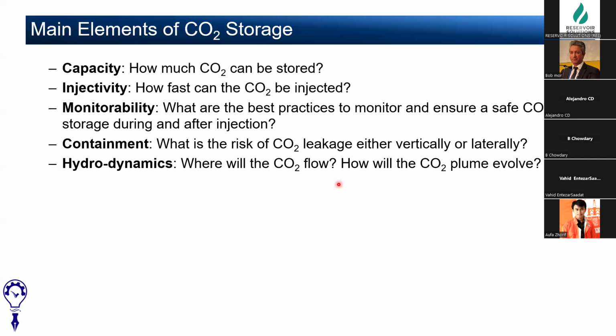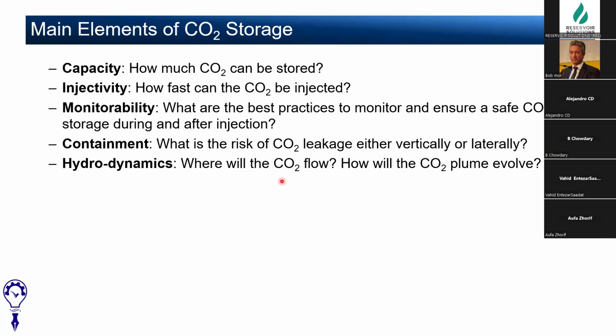And it will be trapped inside our depleted oil and gas reservoirs or saline aquifer or into our reservoir. And finally, hydrodynamics means that where will the CO2 flow and how will the CO2 plume evolve? These are another important parameters that are the main elements of CO2 storage.